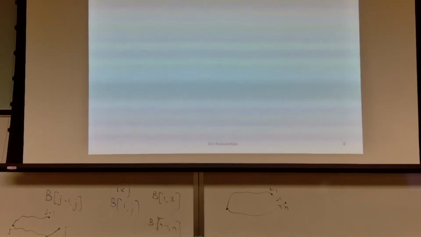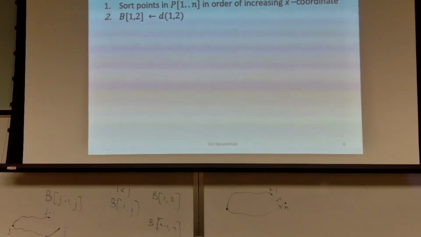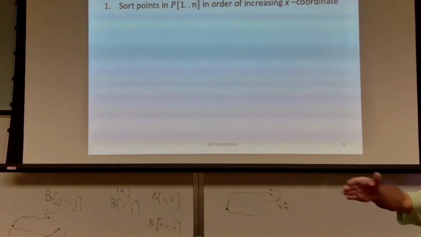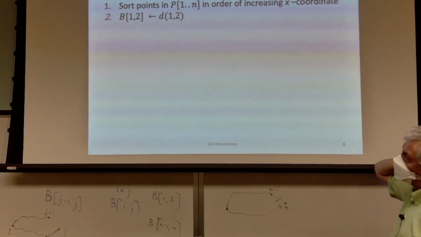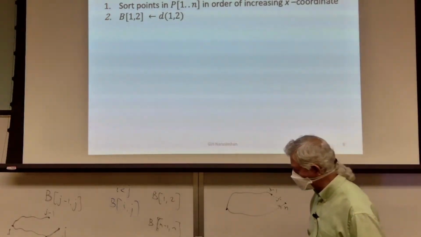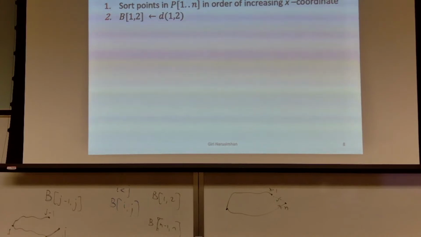Yeah, it's worth it. So here is the actual pseudocode. If you need to look at this, we're of course going to sort them by x coordinate, right? That's the initial setup. We're going to set up the base case. The base case is b of 1, 2. Now think about what b of 1, 2 is. I got 1.